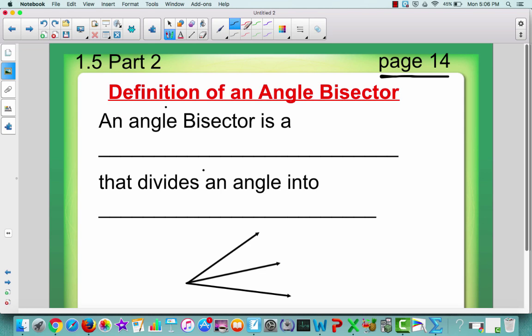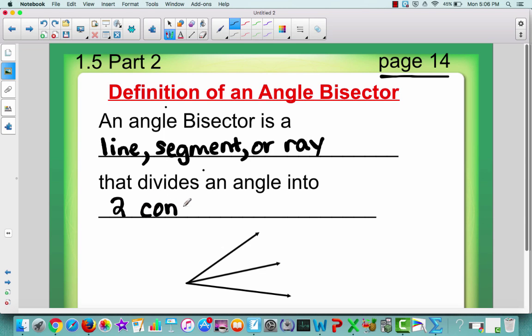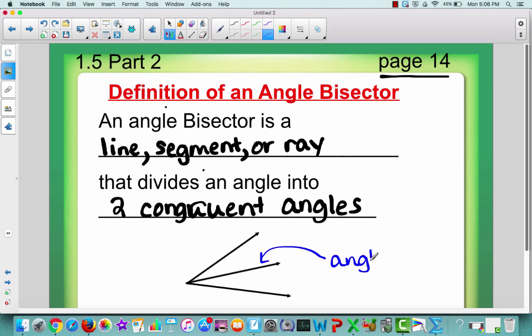The actual definition is an angle bisector is a line, segment, or ray, most of the time a ray, that divides an angle into two congruent angles. So in the picture I gave you, that middle one is the angle bisector.